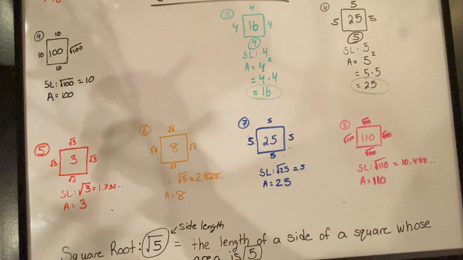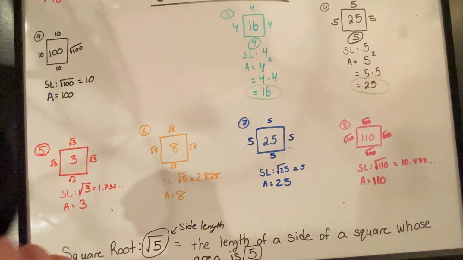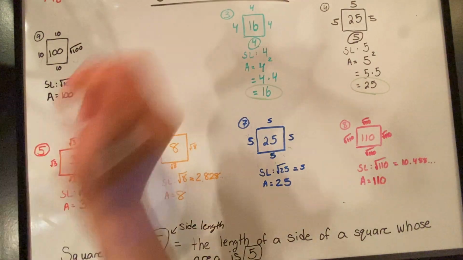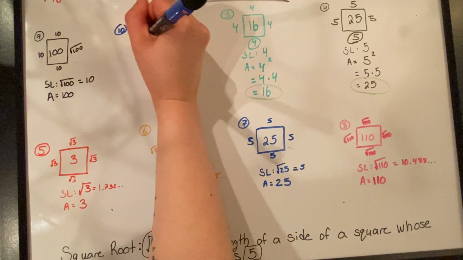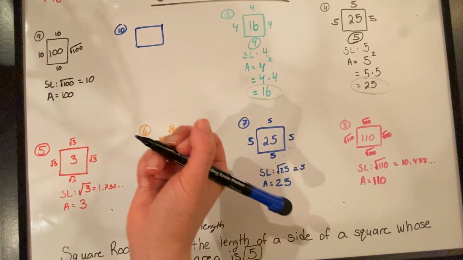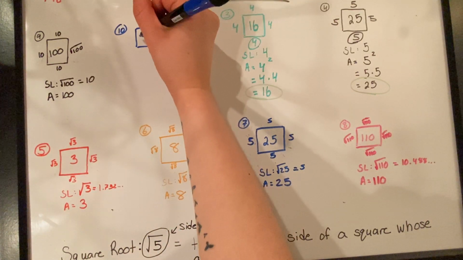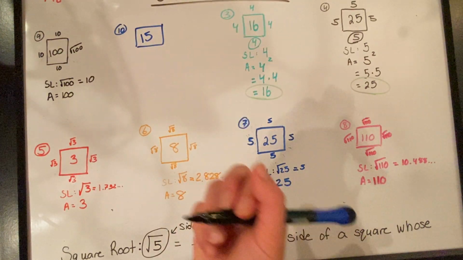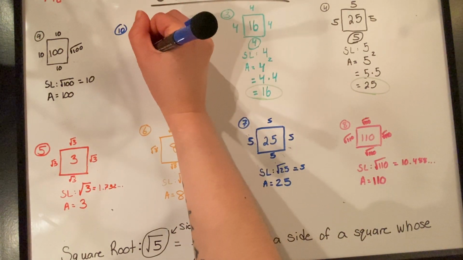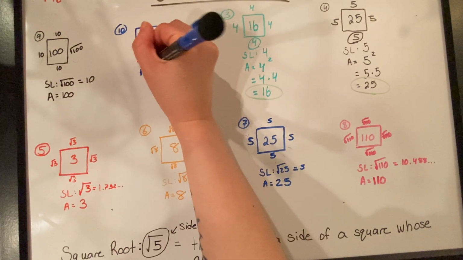And we'll do one more. Number 10. So let me draw a square. So this square is going to have an area of 150. Actually, we'll make it just 15. So side length, area.